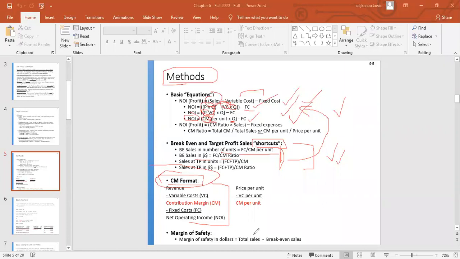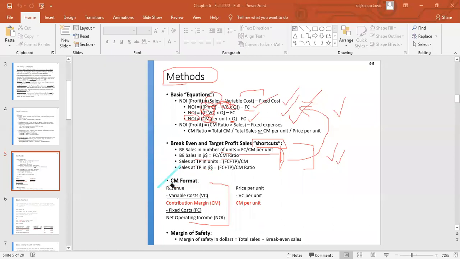And you don't need to memorize it that way. You know what fixed cost is? Fixed cost is fixed cost. But how do I find fixed cost? Well, you look at this format here.